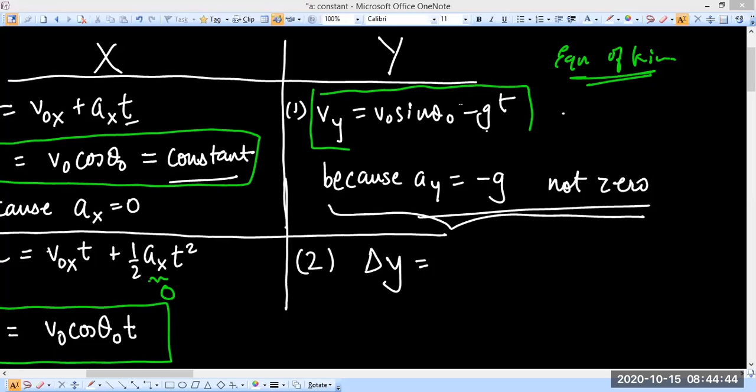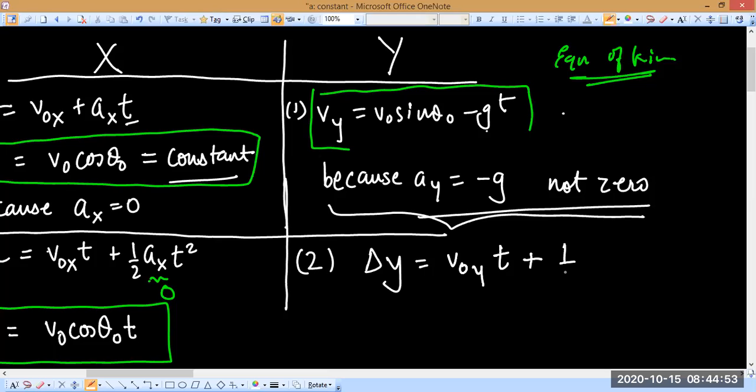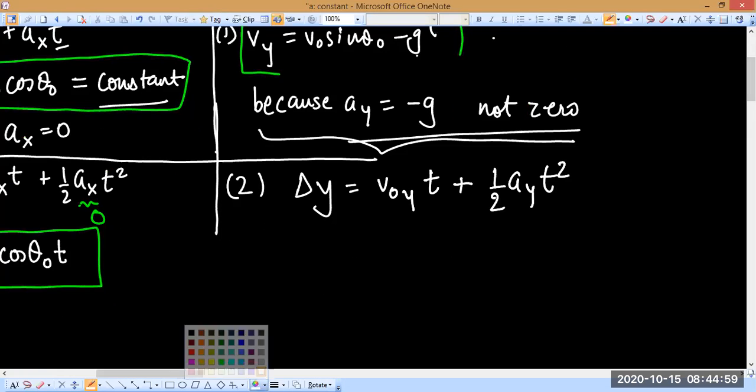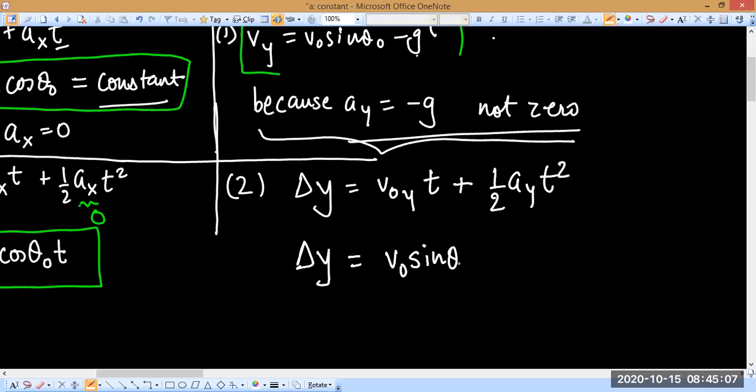Okay, now I'm writing the answer. All right, I'm writing the answer, and the steps are: first of all, v0y t plus half ay t square. This is the formula. Okay, and now we put values in the formula. So we get delta y is equal to v0 sine theta 0 t. All right, its value.